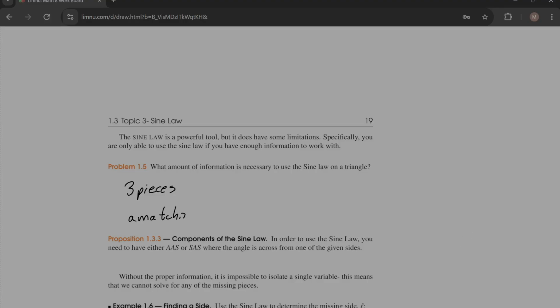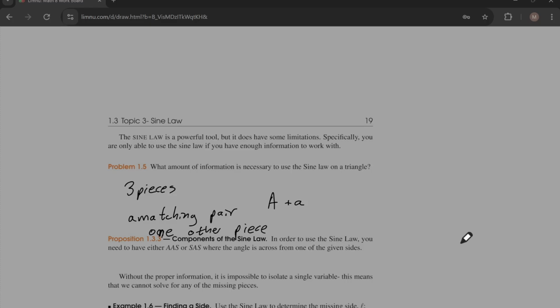And what I mean by this is you need to have, for example, big A, the angle, and the side across from it. So in order to use an equivalent ratio, you actually have to have the full ratio that you're comparing with. So you need to have a matching side, and then you need to have one other piece.